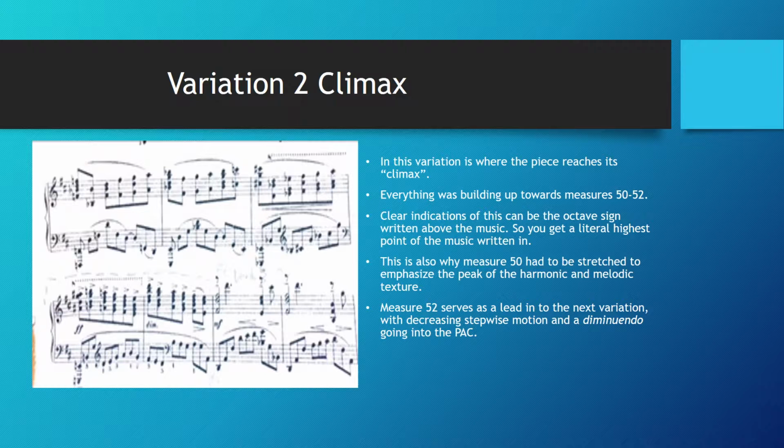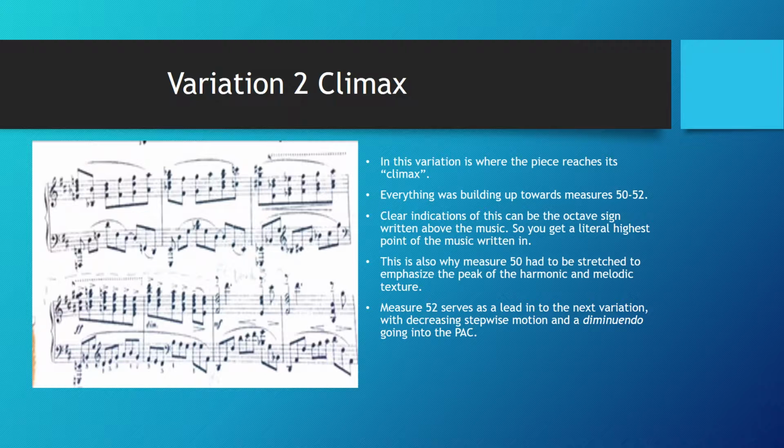Which signals the climax of the piece, the highest point of it. You can just feel and listen to all the tension building up until you reach that exact moment. And that's why they had to expand measure 50, because in measure 51, that's when you completely reach the climax, the highest point of everything. It's marked fortissimo, and all the eighth notes are marked with accents, just to really emphasize that you reached the top.